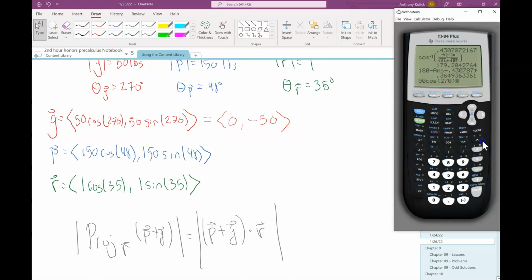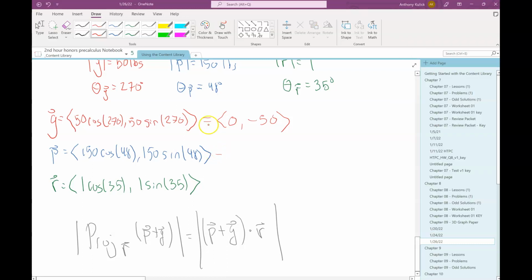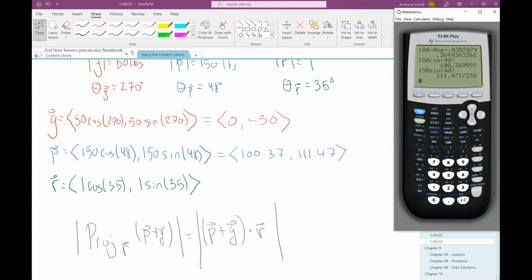So did that. I have 100.37 and 111.47. So that's 0.819, and let's call it just 0.82 and 0.57.